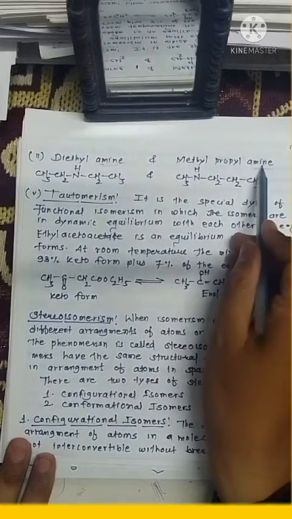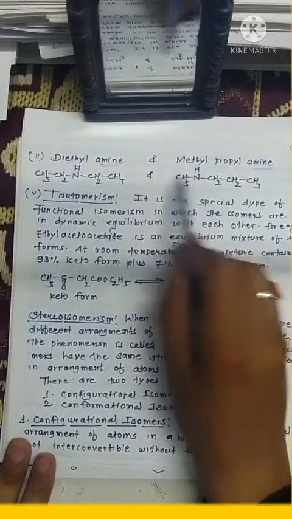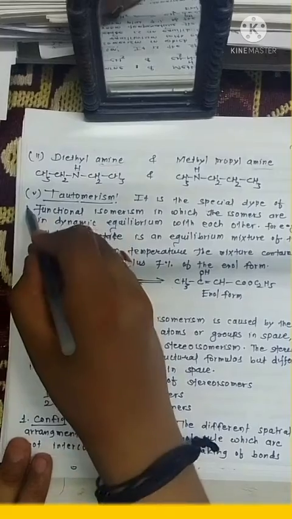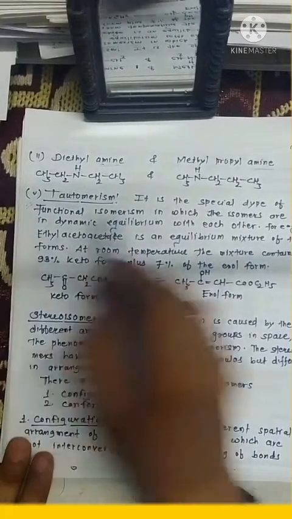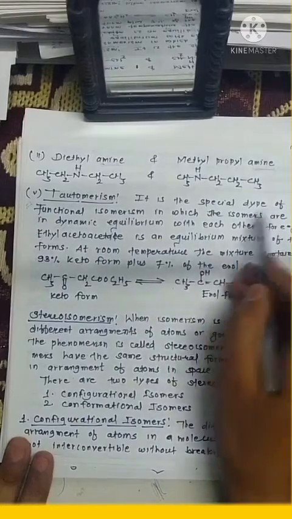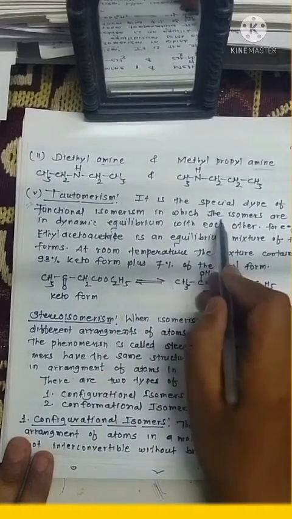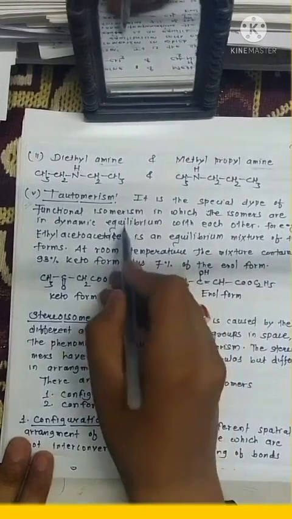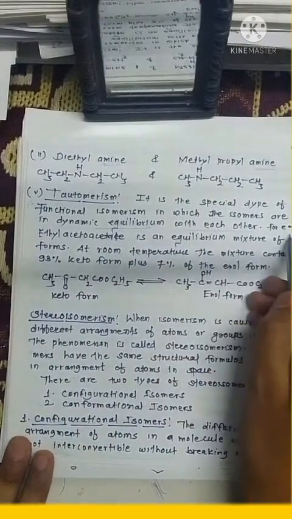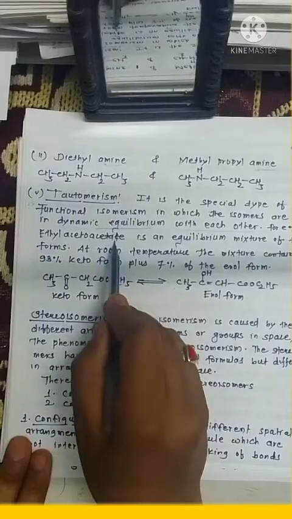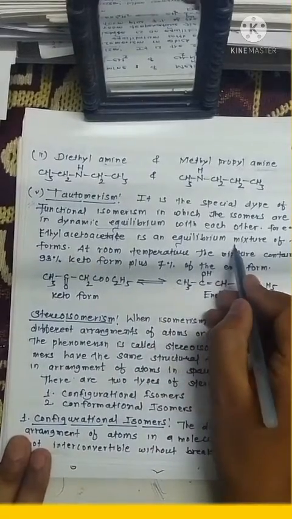That's why they are metamers of each other. Now we are going to discuss tautomerism. It is a special type of functional isomerism in which isomers are in dynamic equilibrium with each other. For example, ethyl acetoacetate is an equilibrium mixture of two forms.